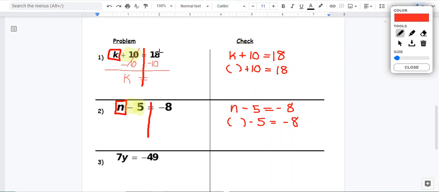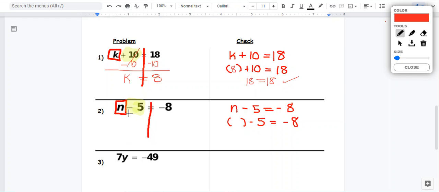And on the right, 18 minus 10 is equal to 8. To check that, we set up our problem, put in parentheses, and substitute in the answer that we got of 8. If k is 8, then 8 plus 10 is 18, and our two sides are equal, so we know we did it right.